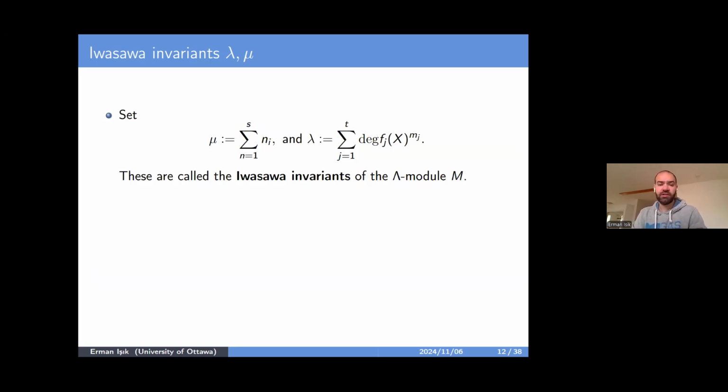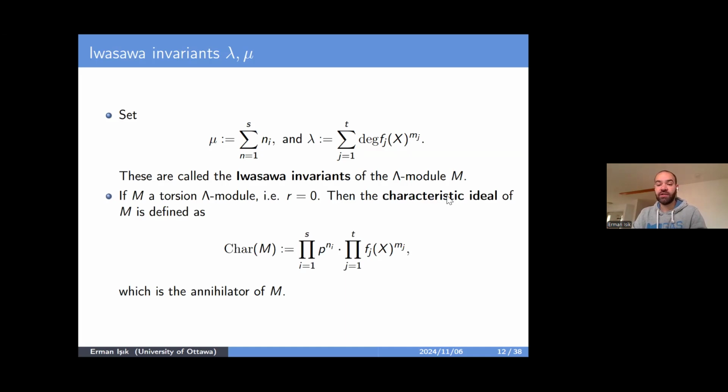But as I mentioned, this structure theorem allows us to define the Iwasawa invariants. Basically, you define mu as these numbers, and lambda as the degree of these distinguished polynomials, whatever degree they have in the structure theorem. Moreover, you can also attach another important object, which is called the characteristic ideal.